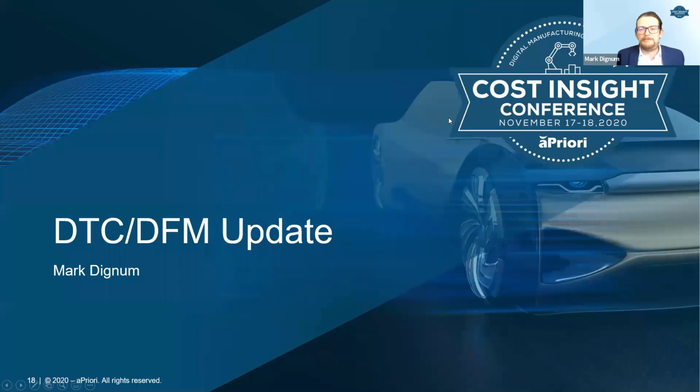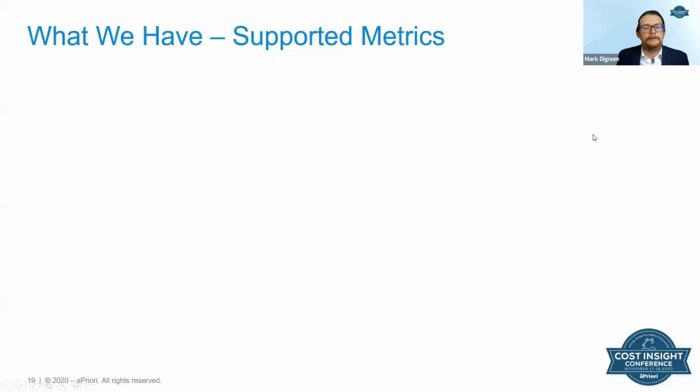Great to hear about the automation that we have in place. So I'm going to talk about the metrics that we generate in the design to cost, design for manufacturability realm, and really where they're available and who they're valuable to, since obviously a lot of this automation is really dependent on getting valuable data that you can analyze and act on.